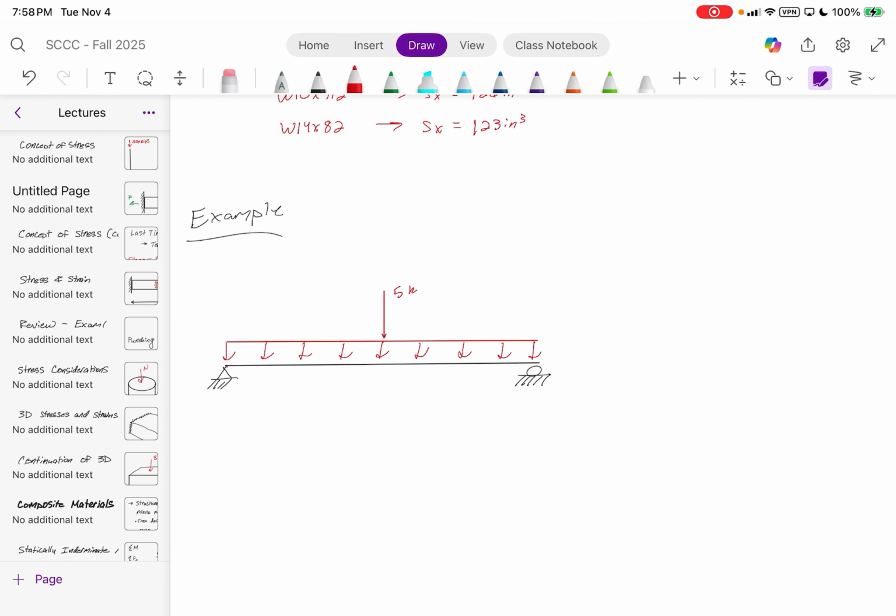Let's say that this is 5 kips and then 1 kip per foot, and then the total length of this beam is 10 feet.